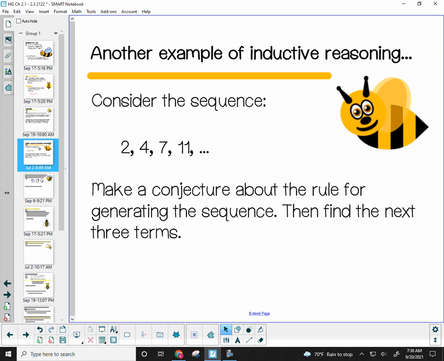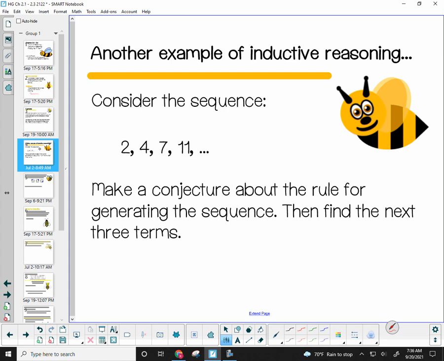Here's another example of inductive reasoning that you see more on the math side. Consider this sequence: 2, 4, 7, 11. Let's make a conjecture about the rule that would allow us to continue it, and then find the next 3 terms. So let's find the pattern here. What's our pattern?